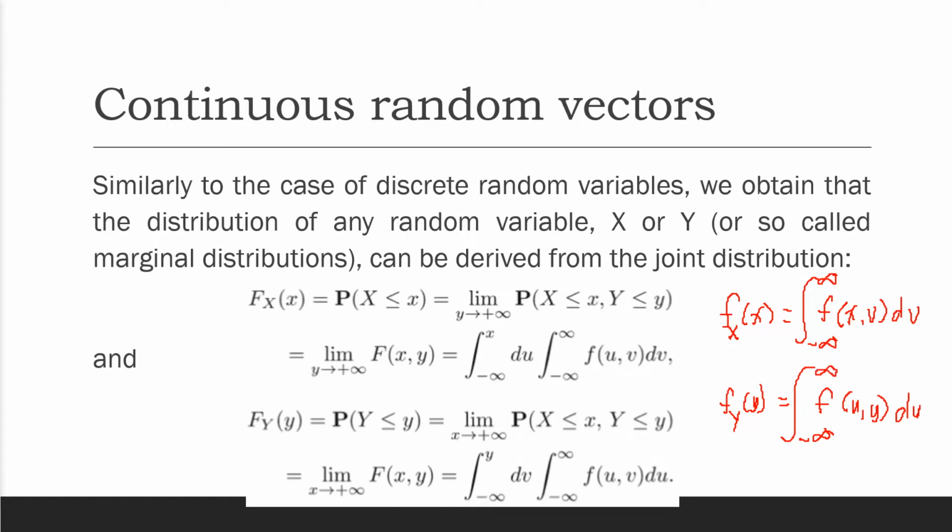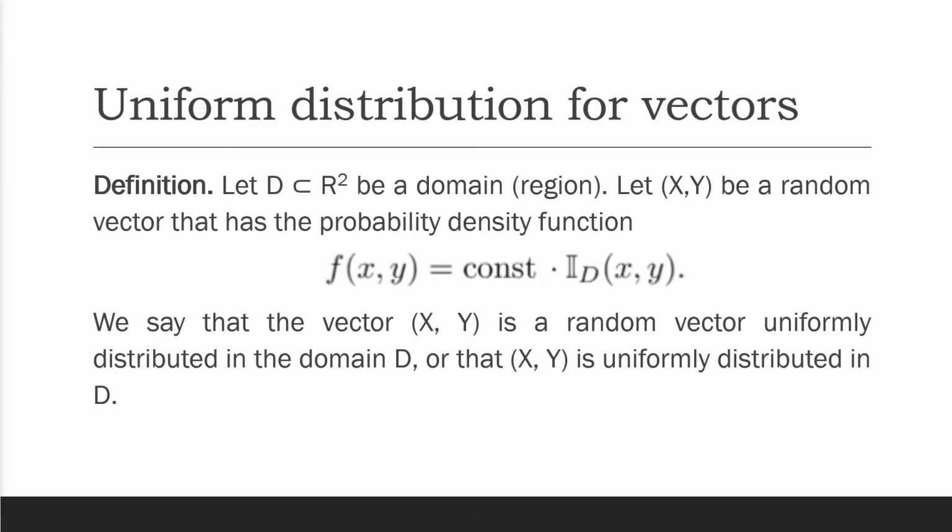Okay, now let's have uniform distribution for vectors. Let D, a subset of two-dimensional R, be the domain or the region.